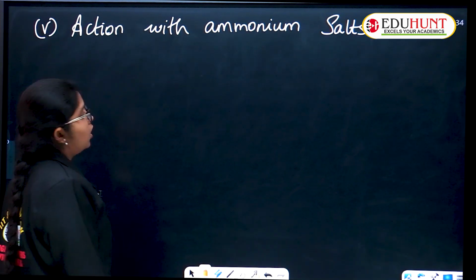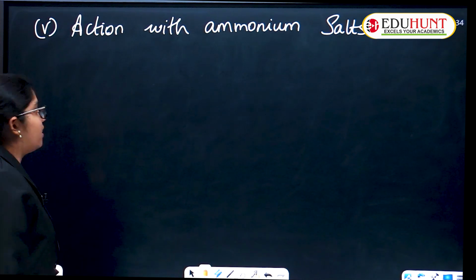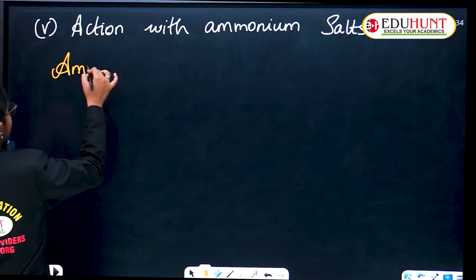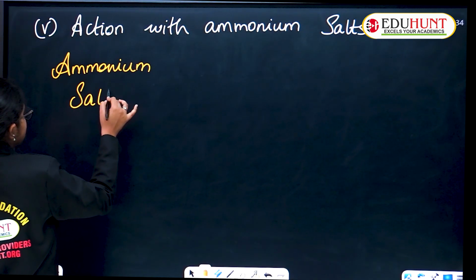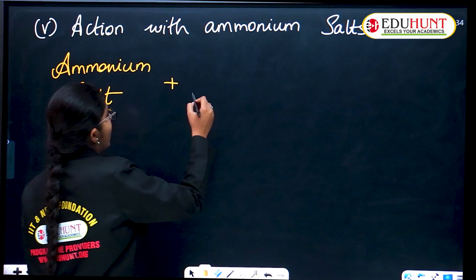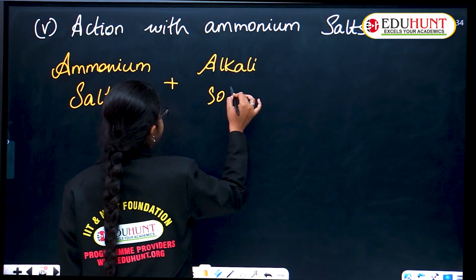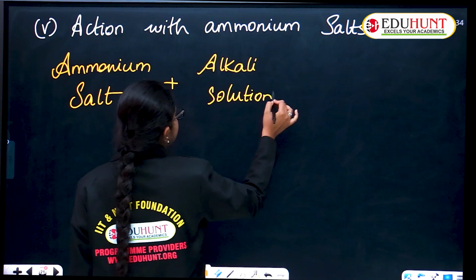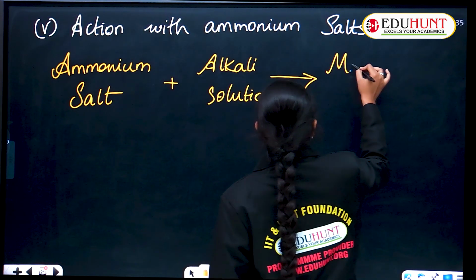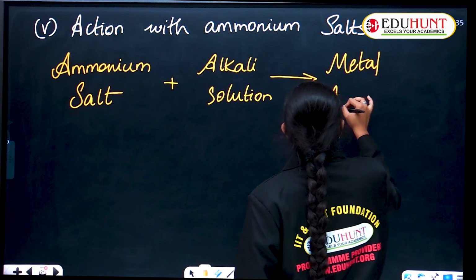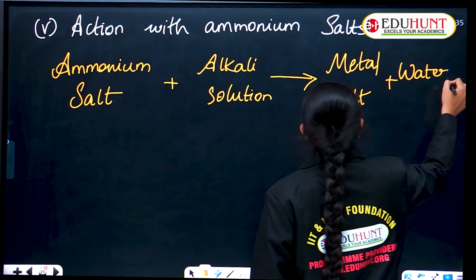Here the action with ammonium salts has an equation also. For a better understanding, we will take an ammonium salt. To this we will add alkali solution. Hence to liberate metal salt. What is that, children? Metal salt plus water.